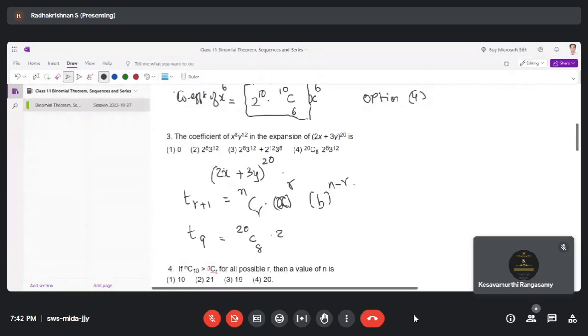A is 2x to the power of r and 3y to the power of n minus r, which is 12. So this will be your ninth term. So T r plus 1 is nCr a to the power of r, b to the power of n minus r.